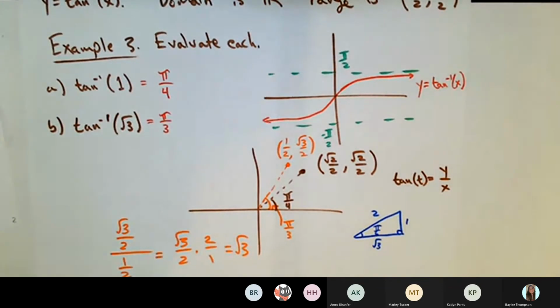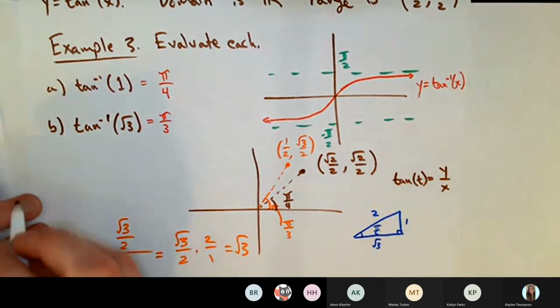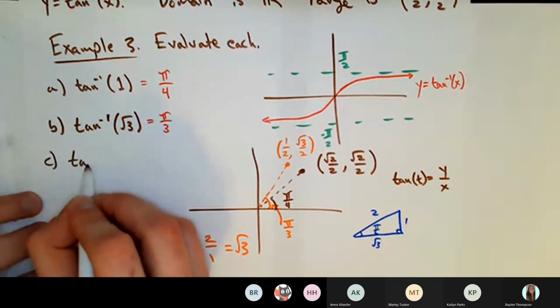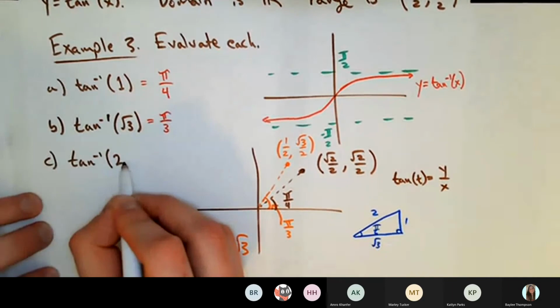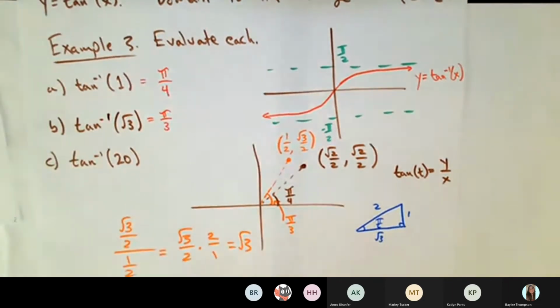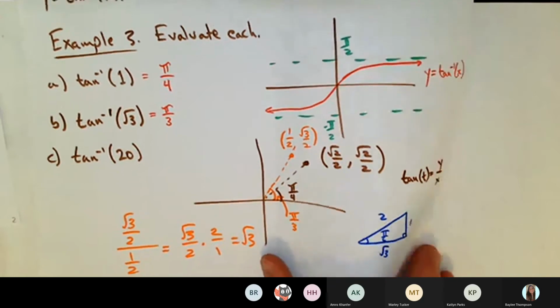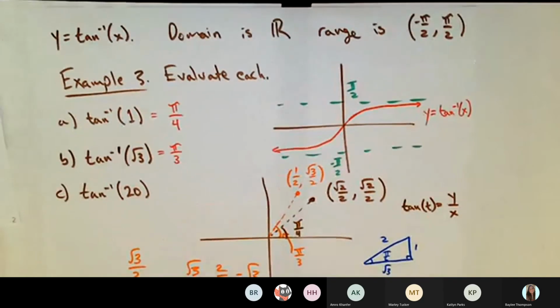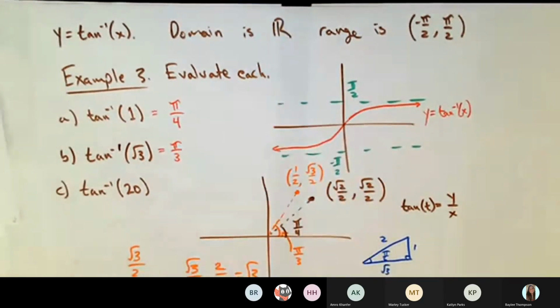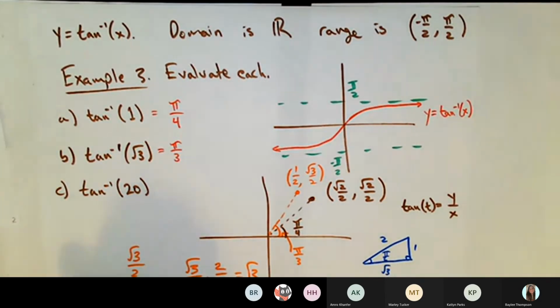Okay, last little example here I want to do is tangent inverse of 20. It's not undefined, right? For cosine inverse or sine inverse, this would be undefined because their domain is just -1 to 1. The tangent inverse's domain is all of R. But how do we figure it out?